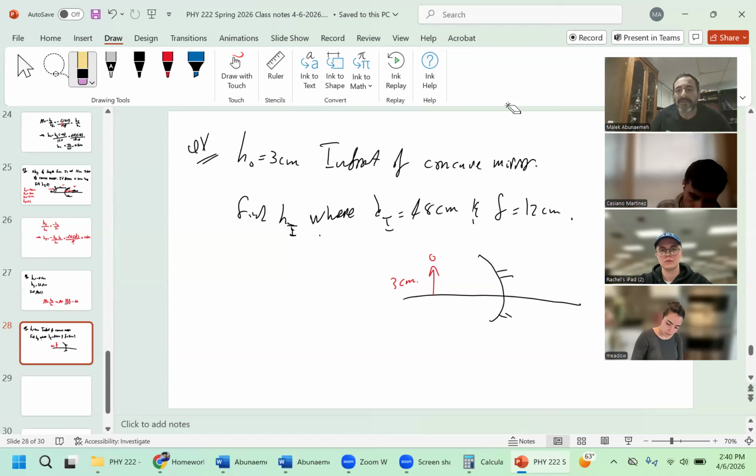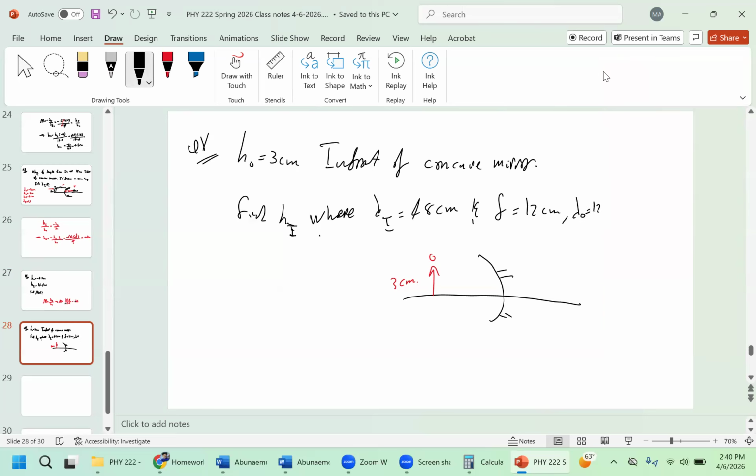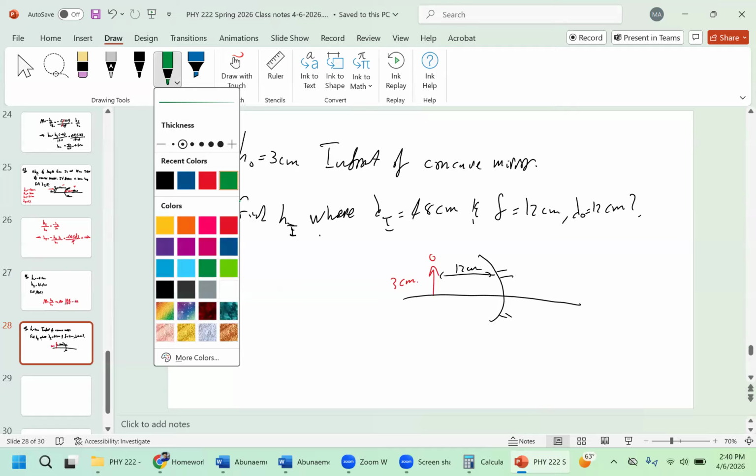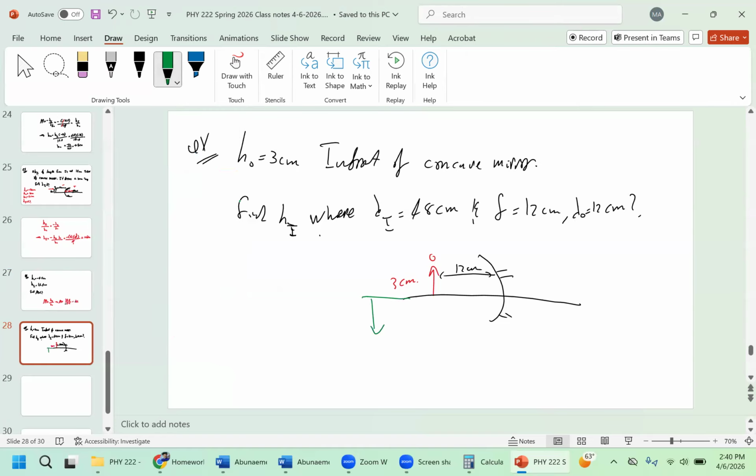Hold on, I forgot to give you the distance of the object too. Okay, that makes sense. So here's your object. It'd be 12 centimeters distance. That's your image, which is a distance of 48 centimeters. The height of the object is 3. We need the height of the image.